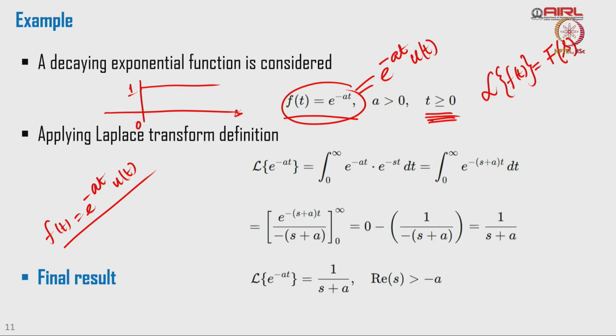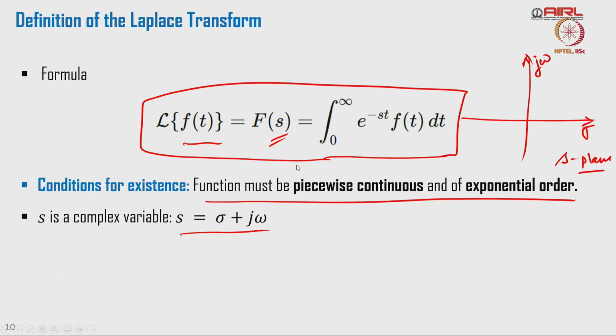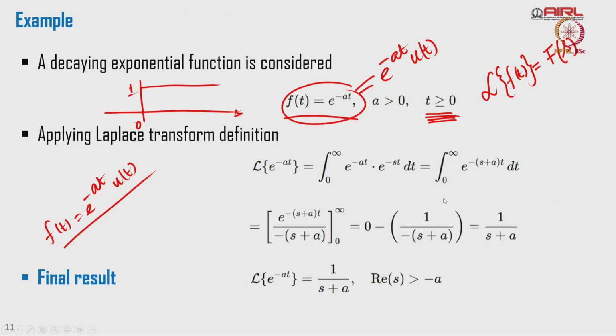Okay, now what happens when we compute the Laplace transform of this particular function? The formula, if we go back, this was the formula. Whatever be the function f(t), we multiply it with this particular exponential term e to the power minus st. We take the integration from 0 to infinity, and that also shows that the time starts from 0 and goes to infinity.